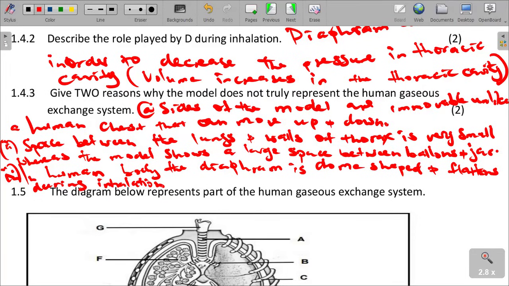In the model, the rubber sheet is flat and is pulled down to represent inhalation.